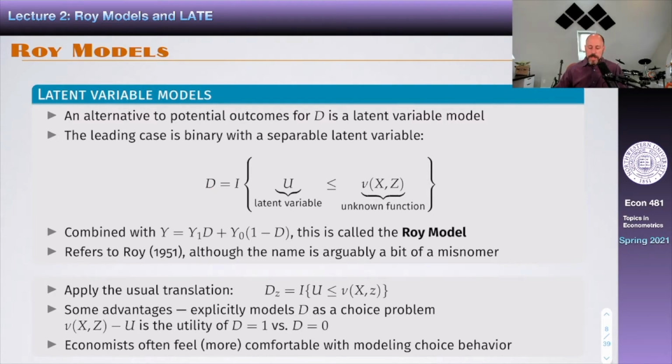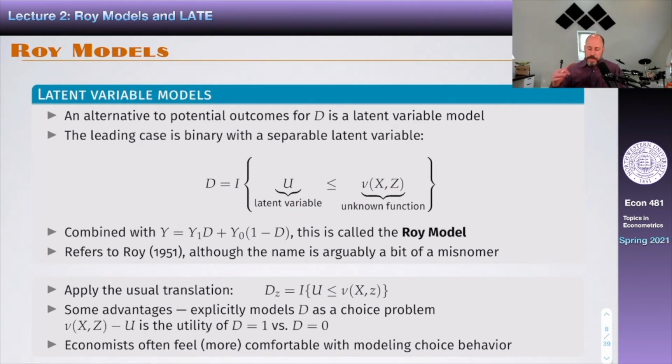And then the model takes the form where there's a latent variable that we're going to denote by U, and there's an index or a threshold and a known function that we're going to call nu of x and z. And so essentially you choose one whenever U is less than the threshold.